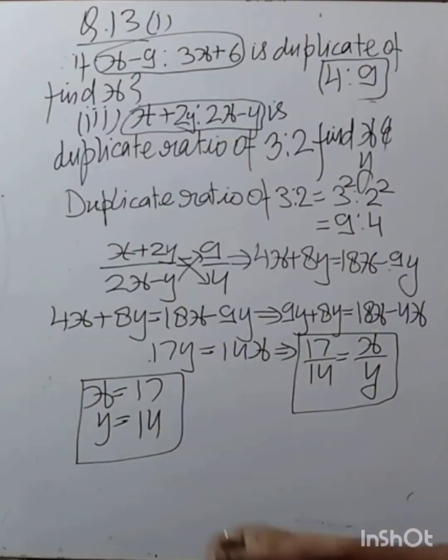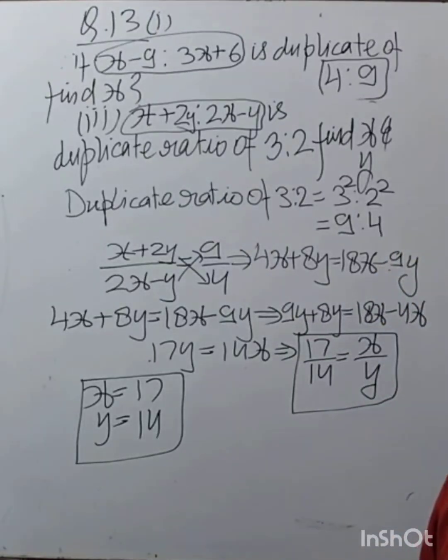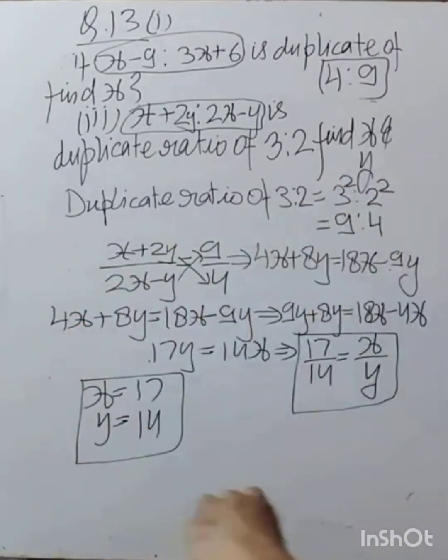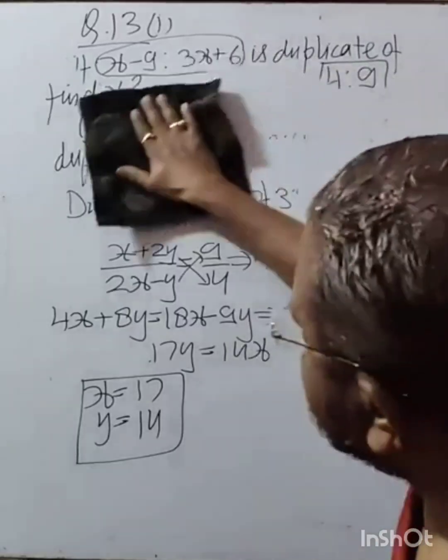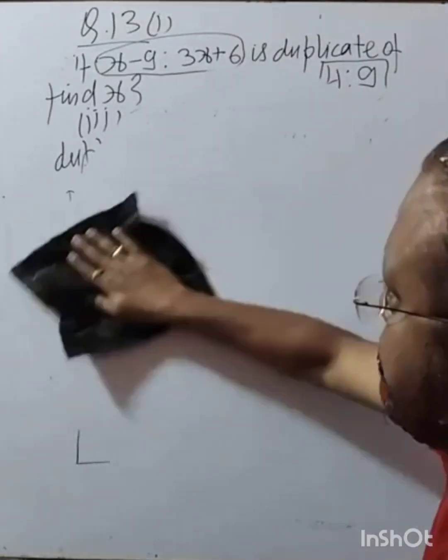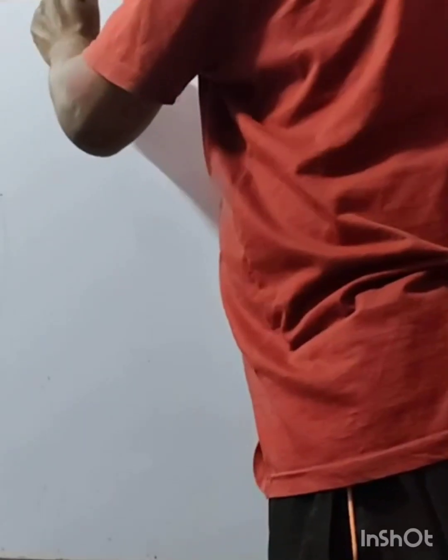Okay. So this was the third part. What is next? Question number 12. What is that?